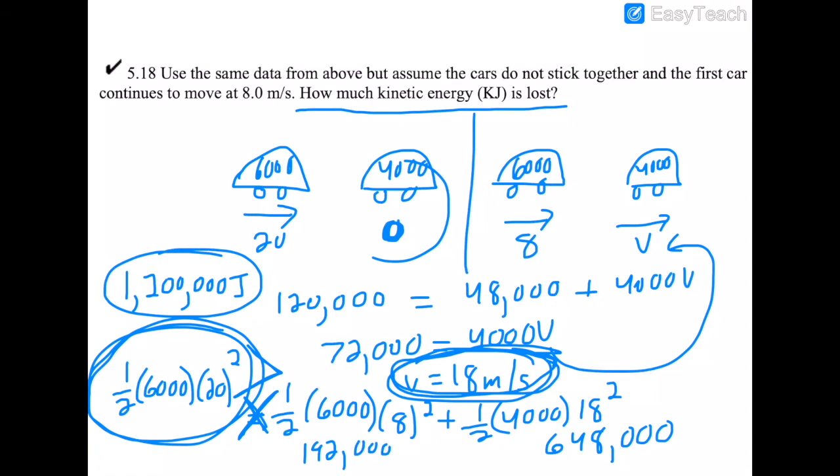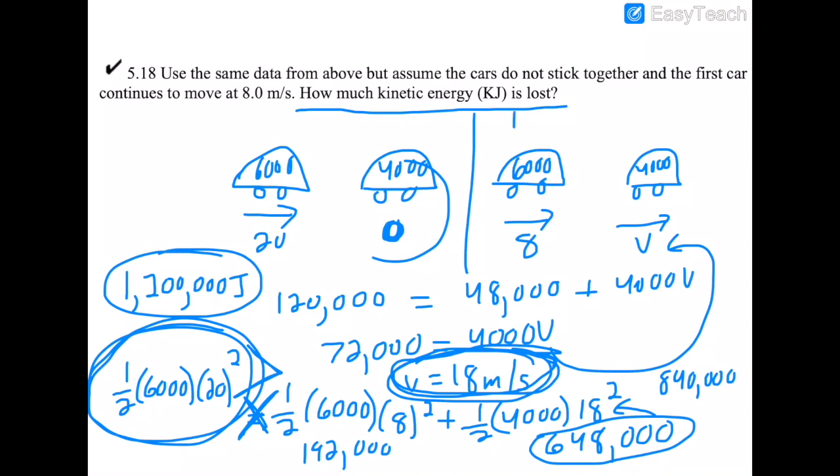The next one is 0.5 times 4,000 times 18 squared, which equals 648,000. Plus 192,000 equals a total of 840,000.